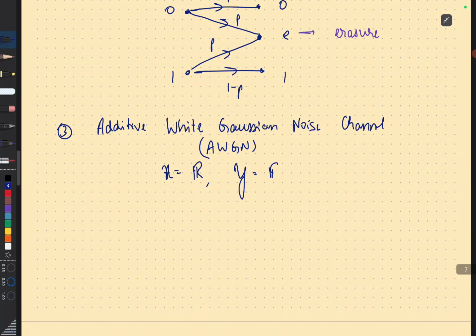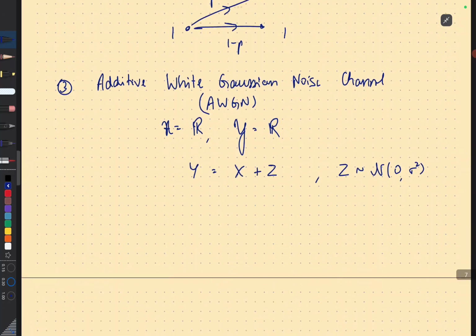The output alphabet is also the set of reals. One simple description of this channel is if you transmit a real number X, then the output is going to be a real number Y, which is equal to X plus Z, where Z is a Gaussian random variable with mean 0 and some variance sigma squared, which is called the noise variance.